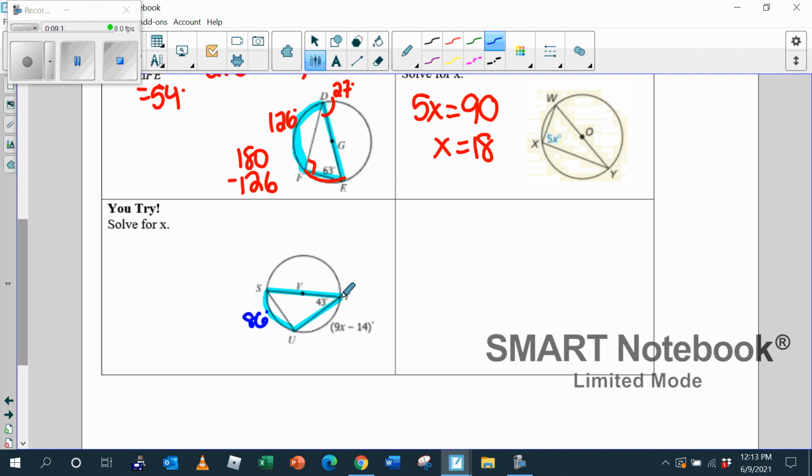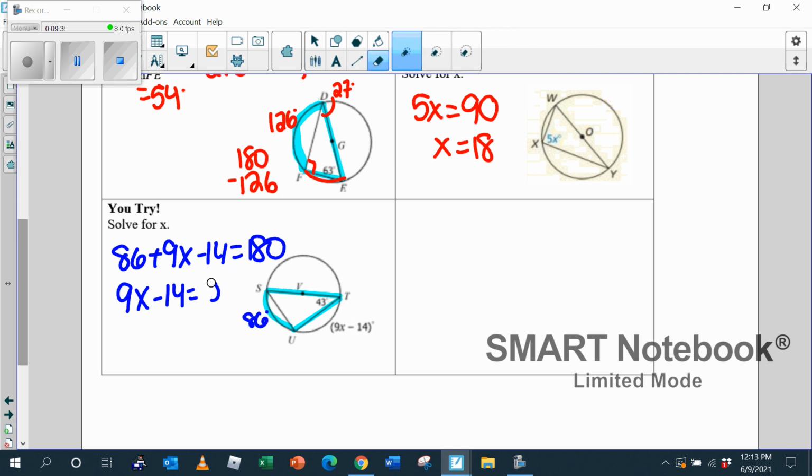Again, because I know ST is the diameter, I know this whole thing is 180. So can I do 86 plus 9x minus 14 equals 180? Now you're going to subtract 86 from both sides. You get 9x minus 14 equals 94. No, hold on, what am I doing?